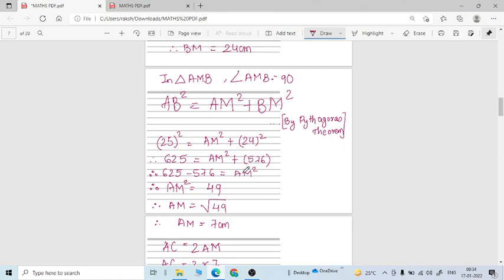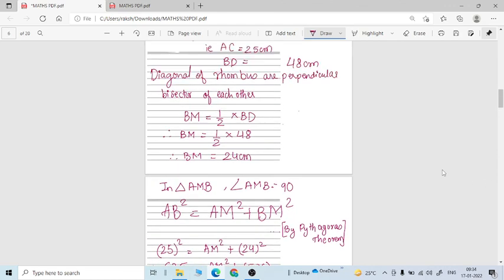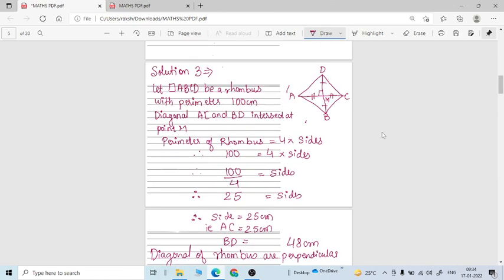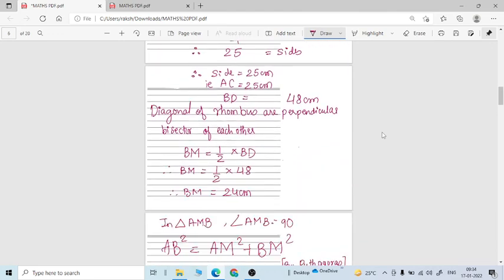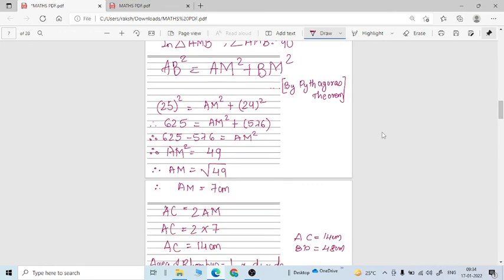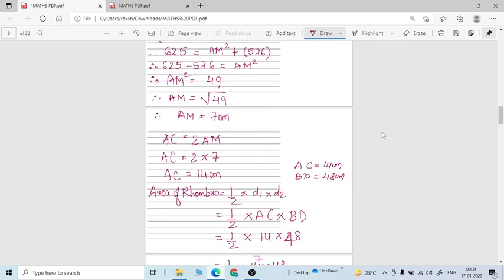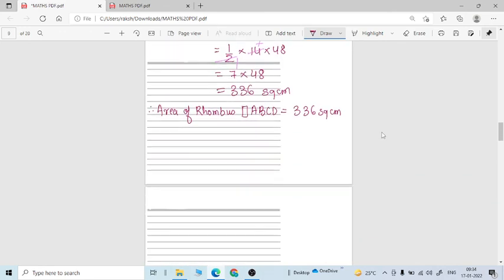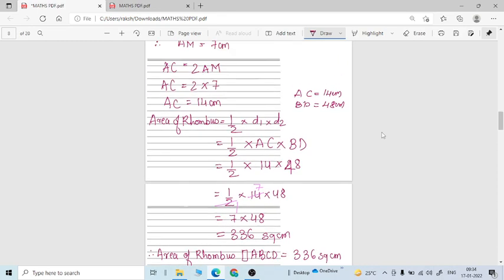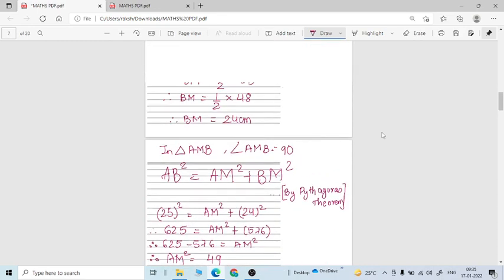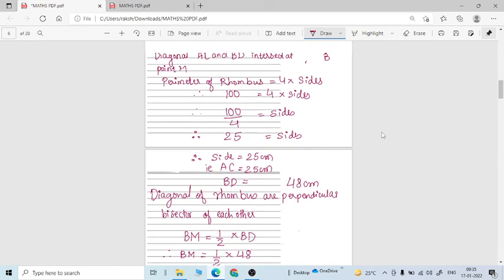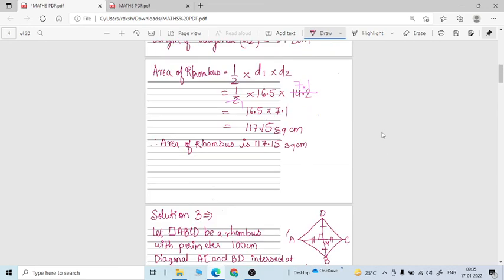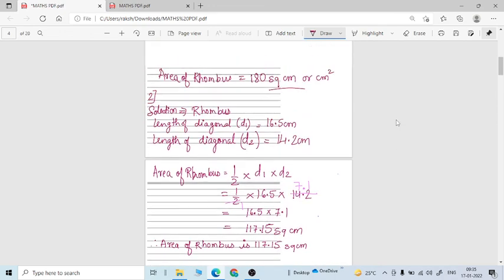It mostly comes for 5 marks. Rarely some schools put this as a question in the question paper. And earlier we found how to find the area of a rhombus when the diagonal is given in the question.